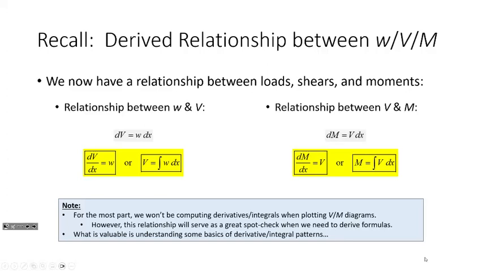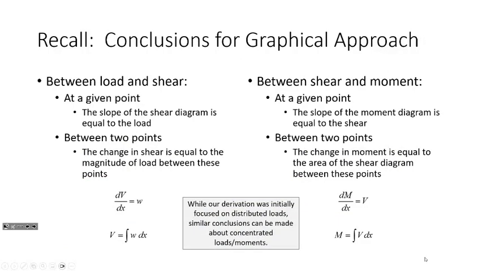We're using the same relationship, but we've done it for concentrated loads, distributed loads, concentrated moments, fixed supports, pin supports. It's still the same idea, the same concept. Nothing's really any different, okay? We're still using the same differential relationship. We're still using the same graphical conclusions between load and shear and moment. That hasn't changed, okay?